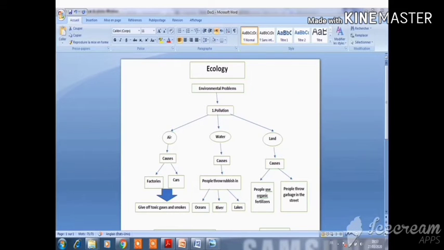The main causes of air pollution are factories and cars, which give off toxic gases and smokes. And one of the main causes of water pollution is that people throw rubbish in the oceans, rivers, and lakes.